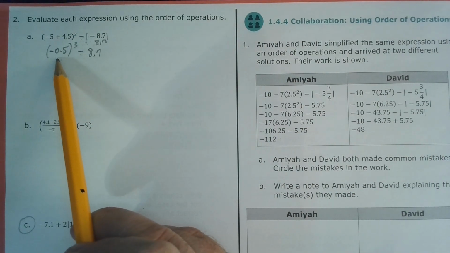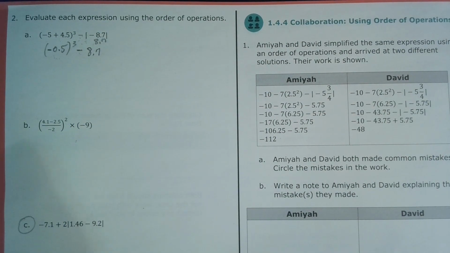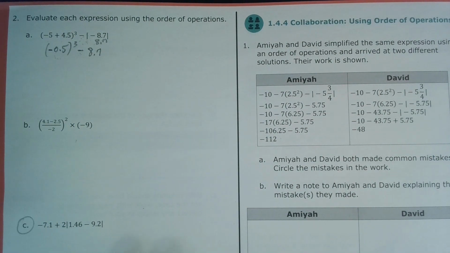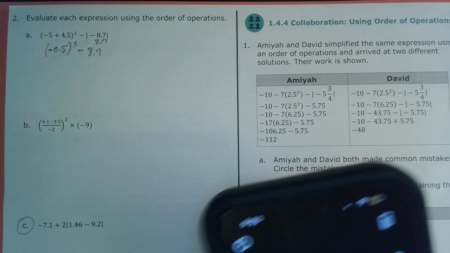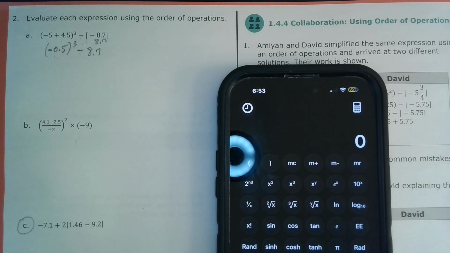All right, so now let's cube negative 0.5, excuse me. Hold on one second. I did not bring a calculator home, so we're going to use my phone. So 0.5, and it's a negative.